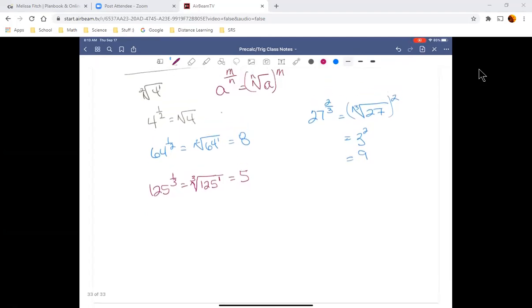What if it was a negative exponent? What if we had 81 raised to the negative 3/4? The first thing we have to do is take care of the negative. That's going to give us 1 over 81 to the 3/4. So now we get 1 over some kind of root with 81.